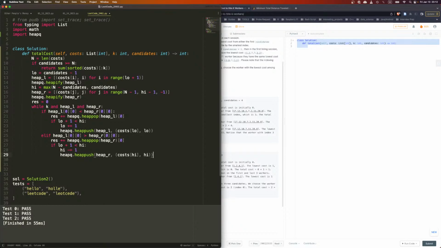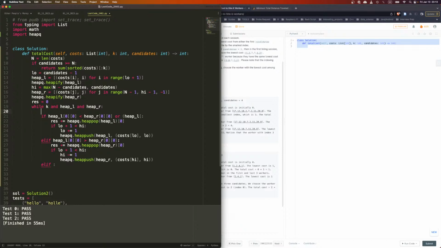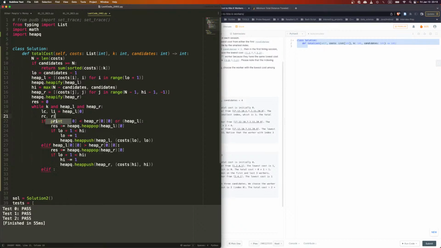And then if they're the same, then: left cost, left index equals heap L0. Right cost, right index equals heap R0.